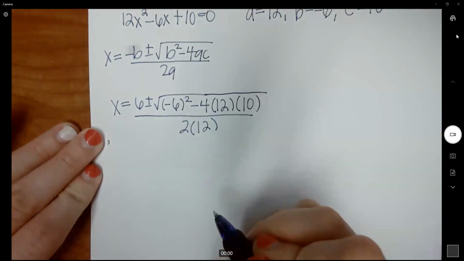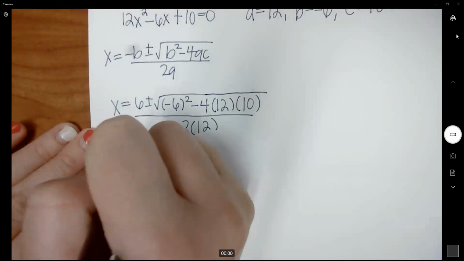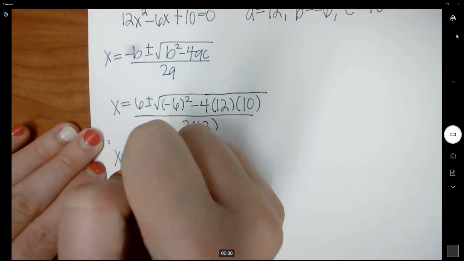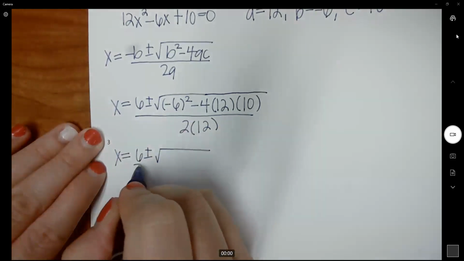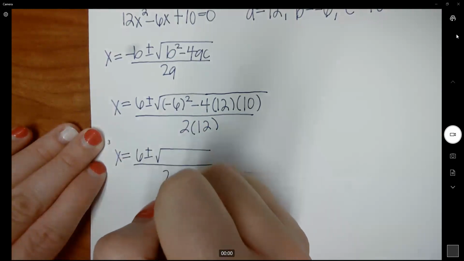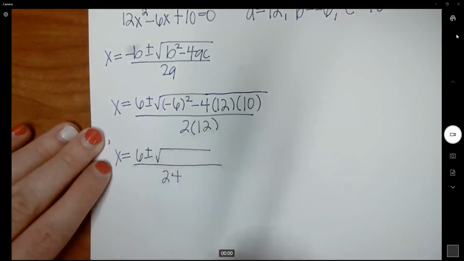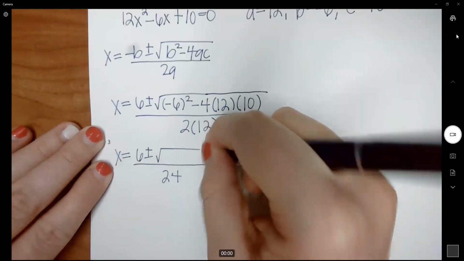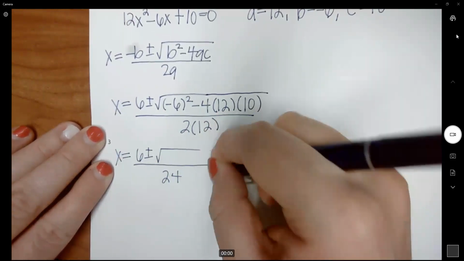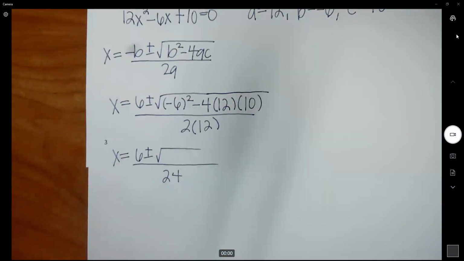So let's simplify. And I'm going to get x equals 6 plus or minus the square root of something all over 24. So let's again see what's under that radical.